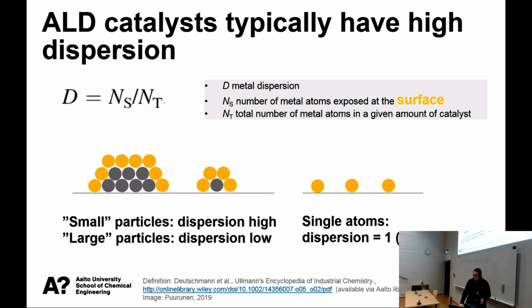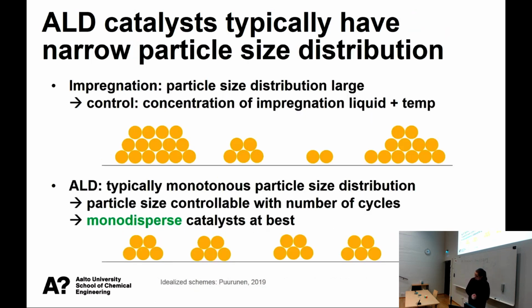That should be an advantage of ALD, that you have a very controlled way of growing. And here is now an example where you would have exactly the same number of atoms in a particle. Maybe life is not exactly that simple, but we can anyway present the scheme.